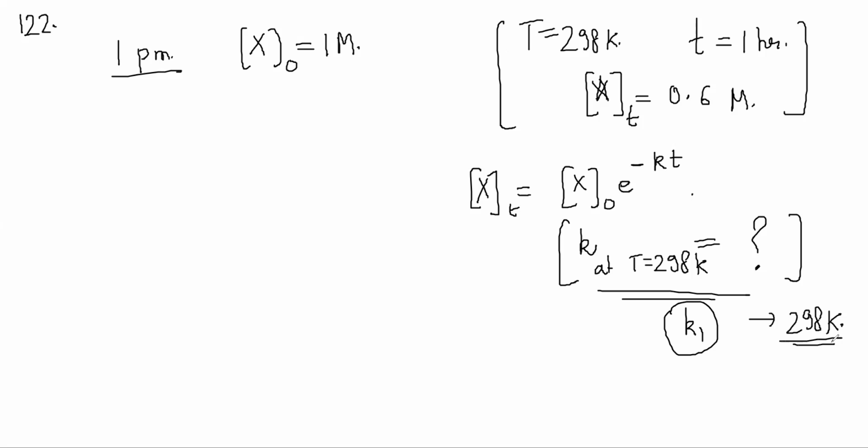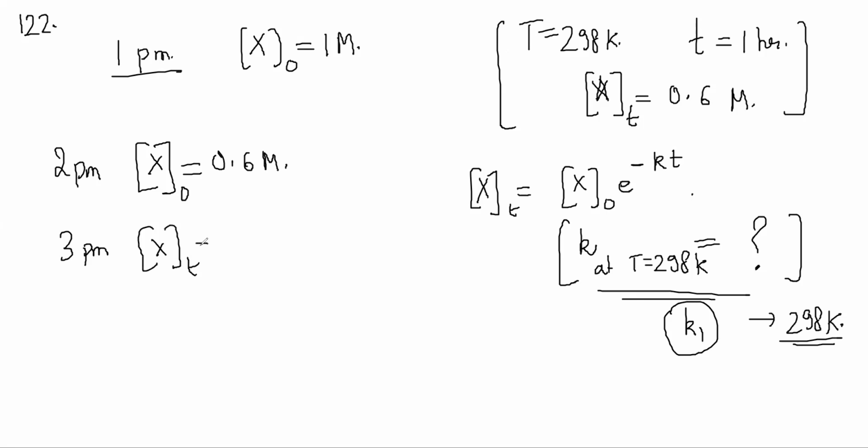This is now at 2 p.m. You have 0.6 molar of compound, right? At 2 p.m. your initial, you can call this a new initial, it is 0.6, right? Now you change the temperature to 35, right? At 3 p.m. 0.2 is there, right? 0.2, but the temperature was 308 Kelvin, right?